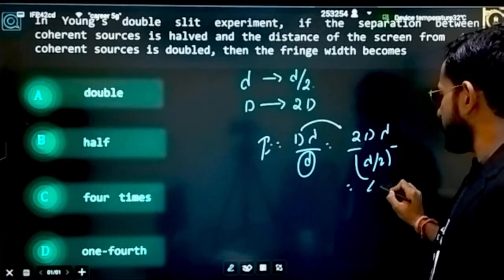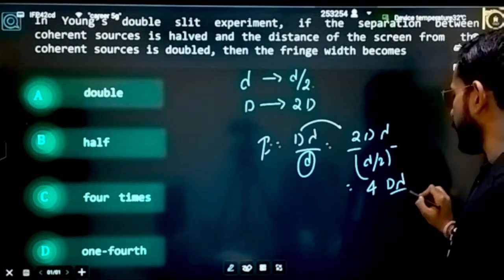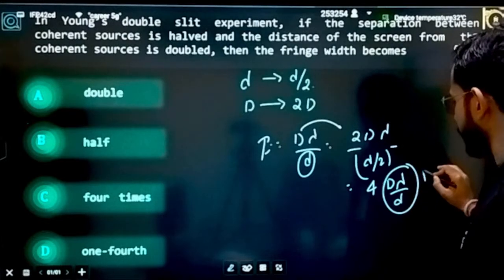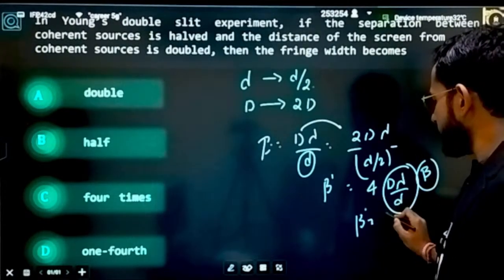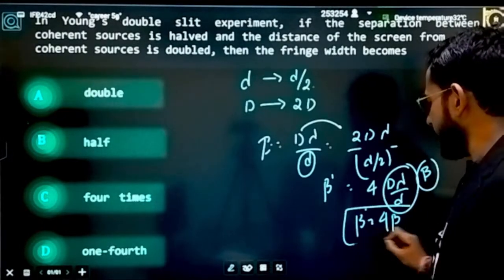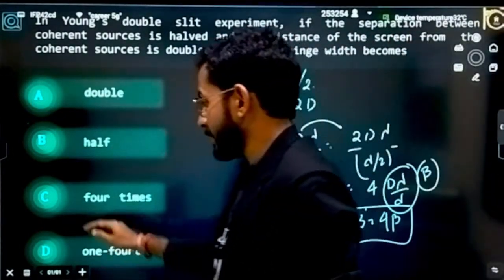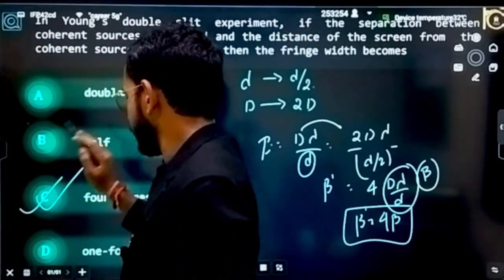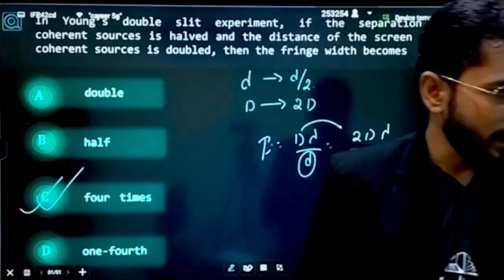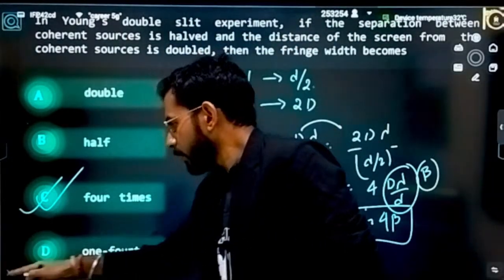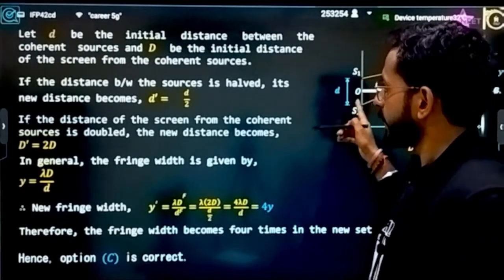That means net 4 times of D lambda by d. So beta dash is equal to 4 times beta. Which option is coming correct? Third option. That means it will become 4 times the initial. Correct? I hope that now it is very smooth. Okay. Is it clear? समझ आया?